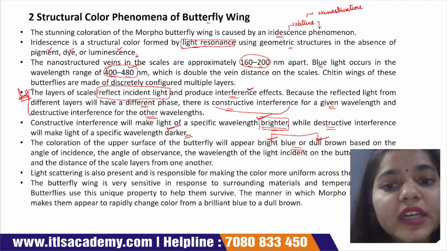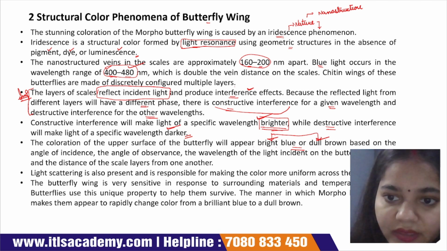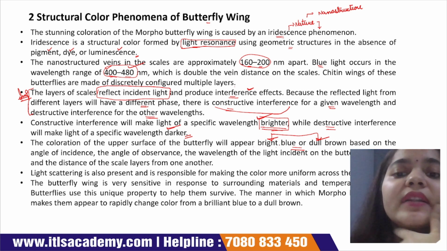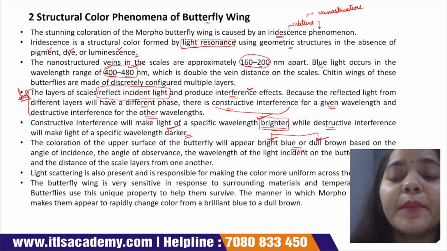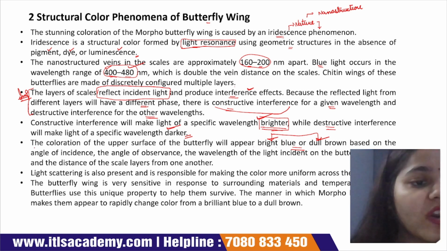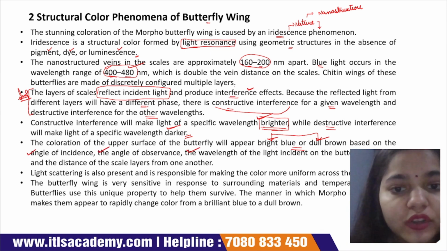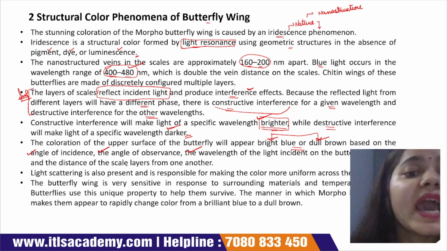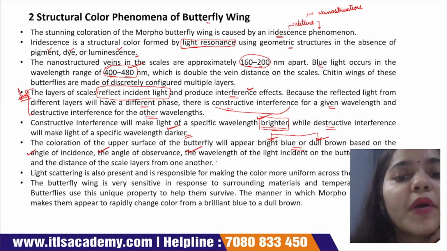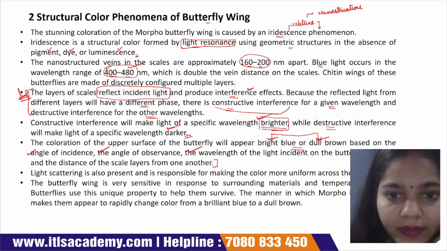Due to the constructive and destructive interference. And this bright blue and dull brown depends on the angle of incidence, the angle of observation, the wavelength of light incident on the butterfly wings, and the distance of the scale layers from one another.